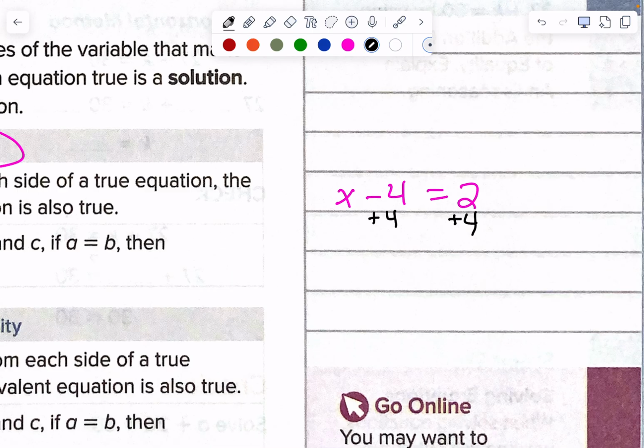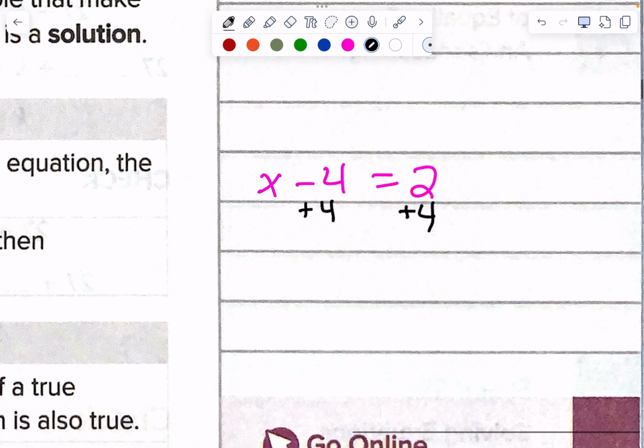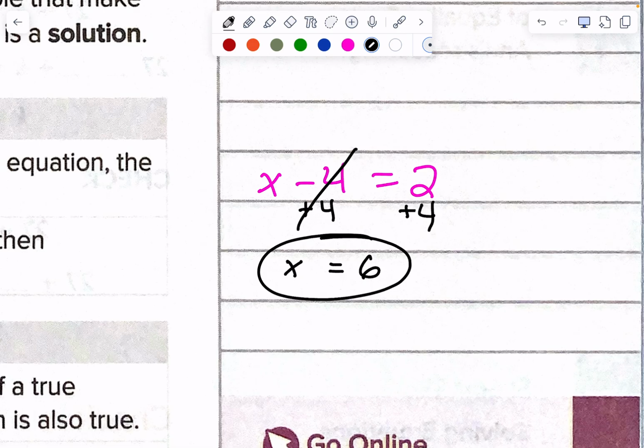And because of the addition property of equality, it says that as long as I do it to both sides of the equal sign, it's legal. So I would do that. The 4 would cancel out on the left side, and I would have x equals 6, and that's the answer. I'm adding the same number to both sides, because if you add it to one side, you have to add it to the other side in order to stay balanced, right?